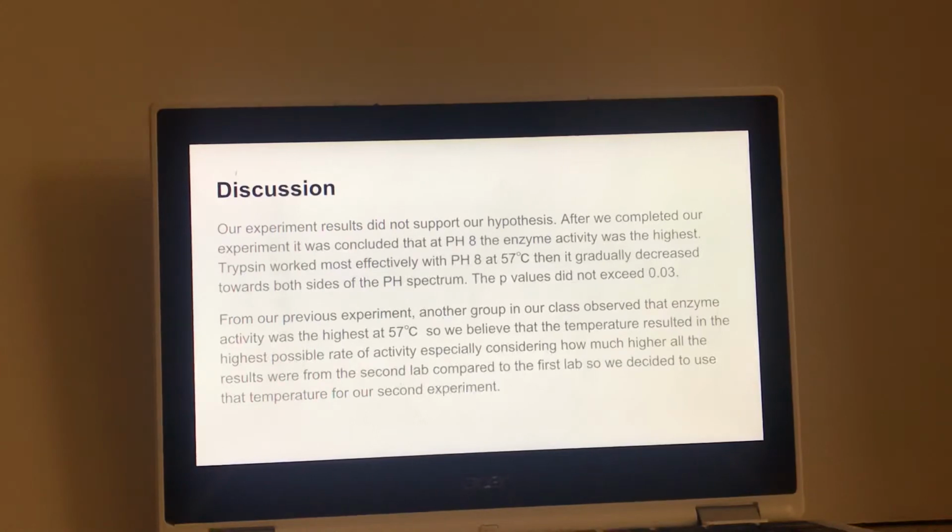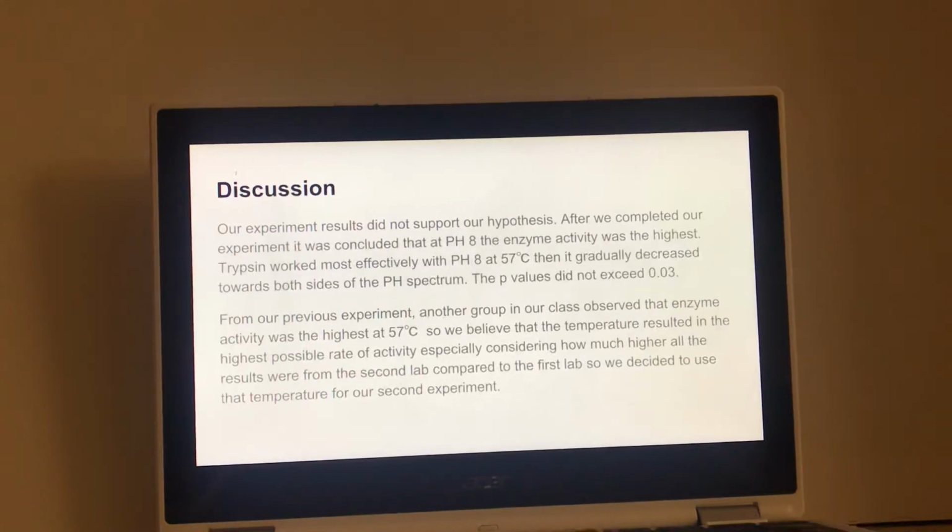For our discussion, which is the last part of this presentation, the experimental design and execution were adequate to test our hypothesis because our negative controls proved that it was in fact the trypsin breaking down the substrate. The only variable being altered was the pH level, and that's what brought changes in our enzyme activity.